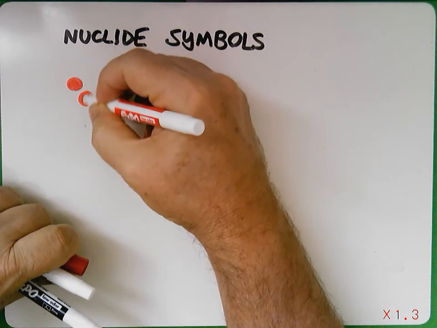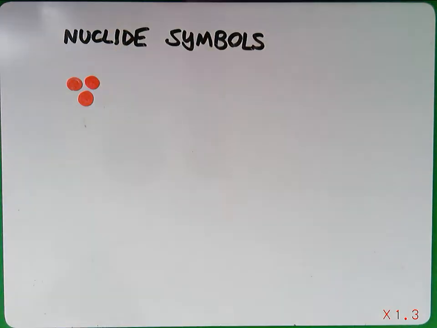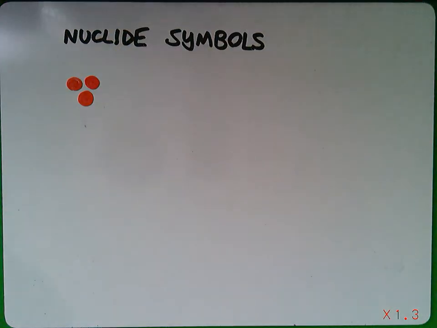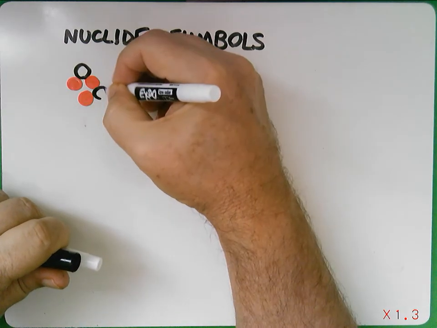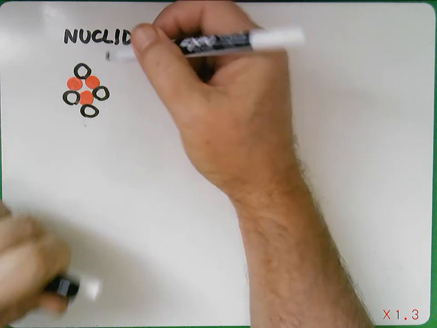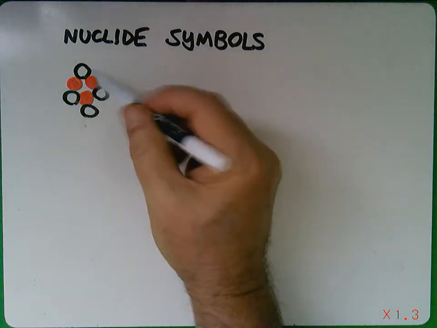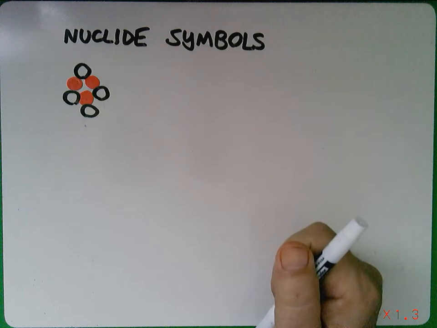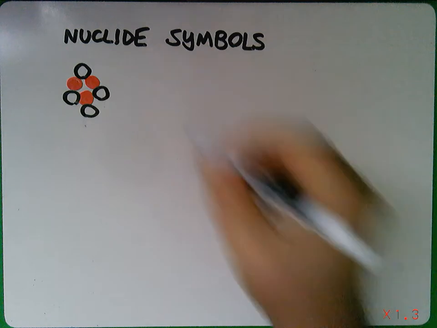Lithium happens to have 3 protons and 4 neutrons. It doesn't matter where I draw them. This is just showing you how many of each type there are in the nucleus. So that might be a representation of the nucleus for a lithium atom.